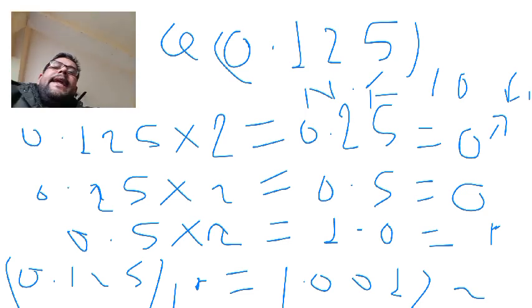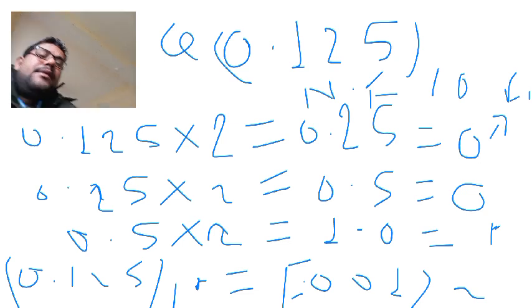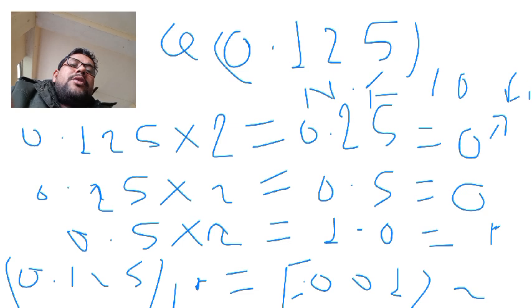This is our binary expansion of this number. This is how we are writing this number. Okay, so we have seen the process of how to convert.